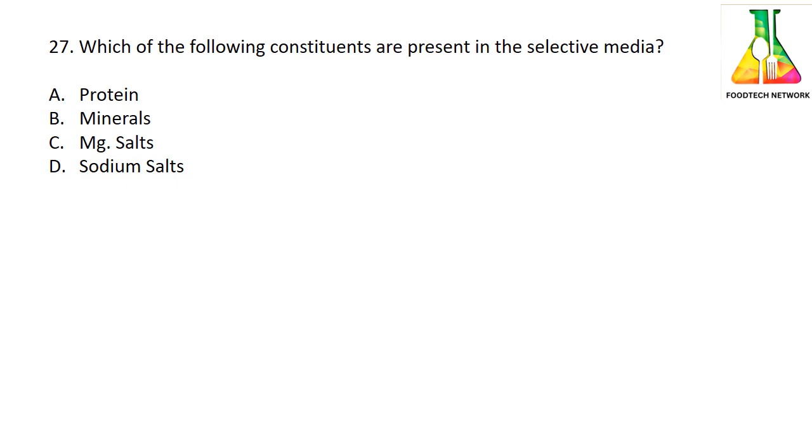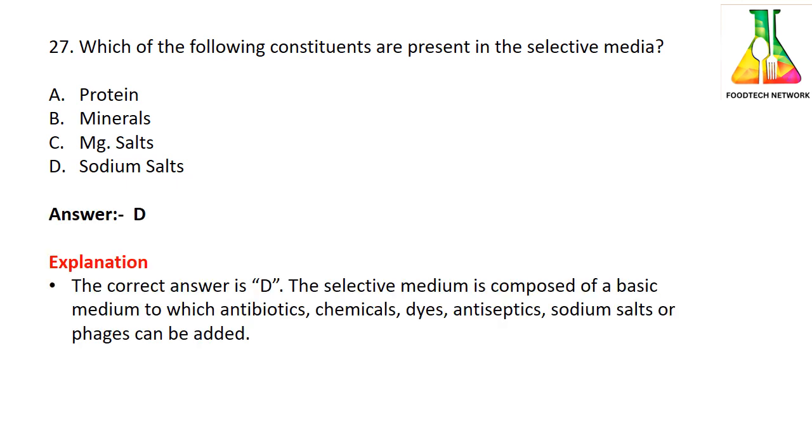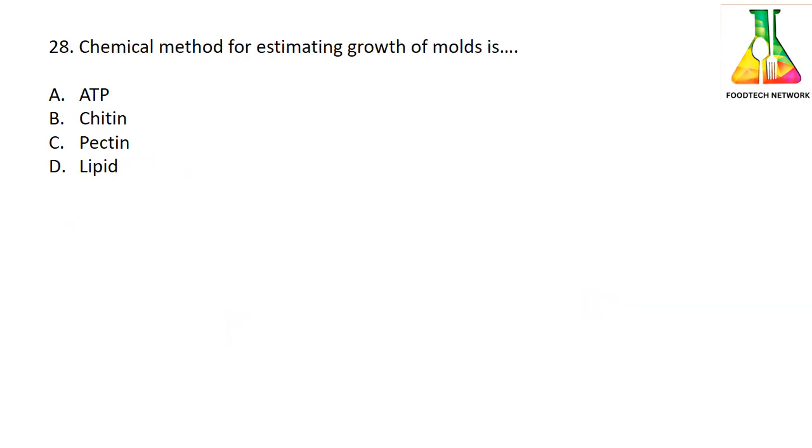Which of the following constituents are present in the selective media? Option A, protein, option B, minerals, option C, magnesium salt, and option D, sodium salt. So that is sodium salt. Basically, in selective media, sodium salt, chemical dyes, antibiotics, and phages can be added, or they can also be present in selective media.